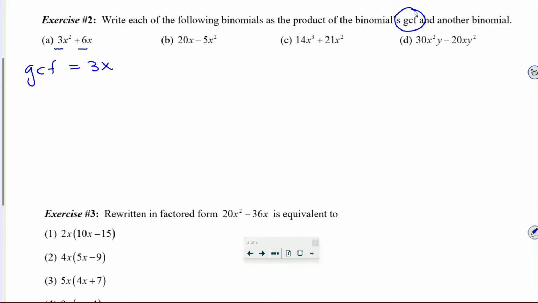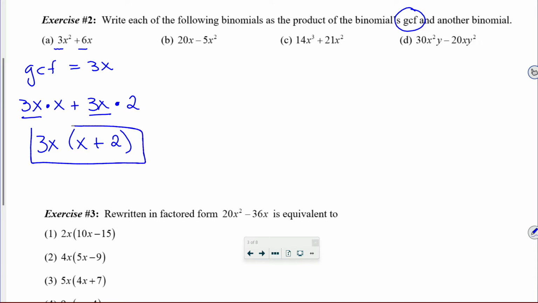Now, using the same kind of process I did in the last problem, I can think about 3x squared plus 6x as 3x times x plus 3x times 2, right? There's that greatest common factor. And then I can, quote, factor that out, and I can rewrite this as 3x times x plus 2.